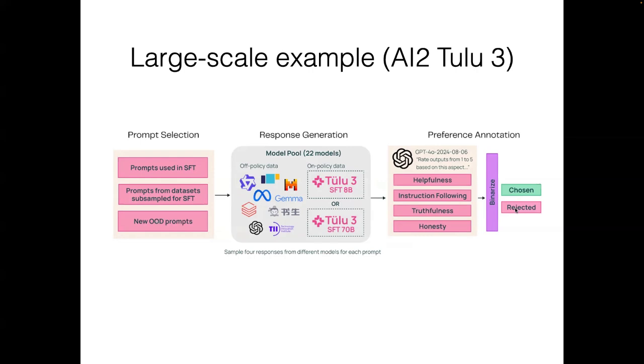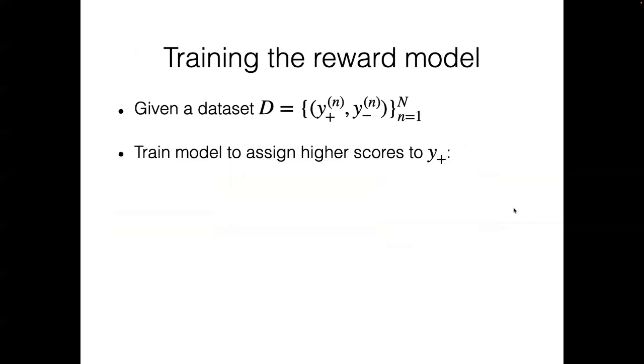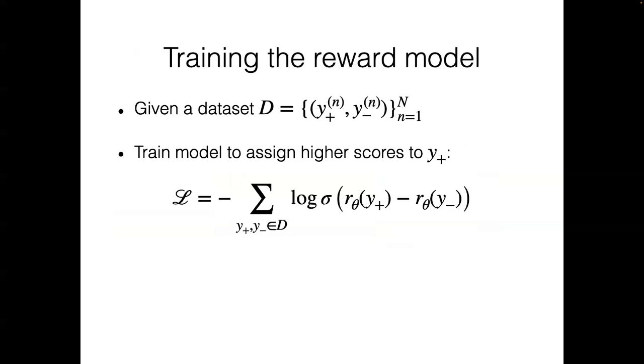Okay. So assume you've done this. Now you have some data set of preferences. And so now we need to actually train the reward model. So here I'm going to stop showing X just for more compact presentation. So here's the loss function that's used.